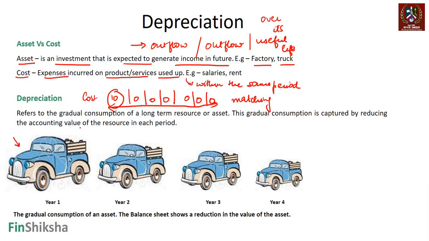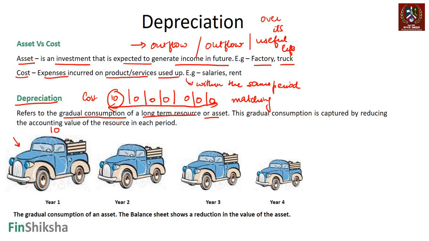Depreciation is nothing but this division of the cost over the useful life of the asset. Depreciation refers to the gradual consumption of a long-term resource or asset. This gradual consumption is captured by reducing the accounting value of the resource in each period.